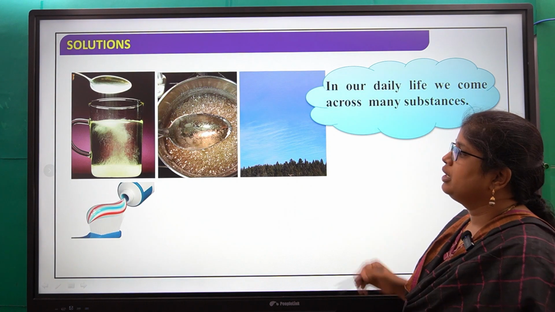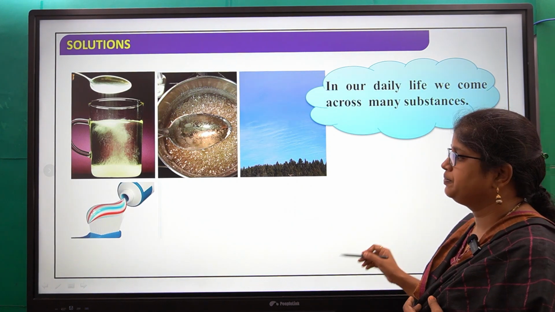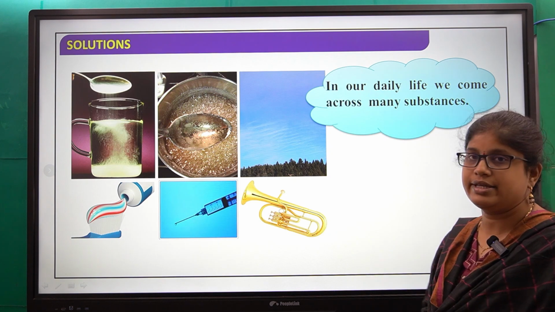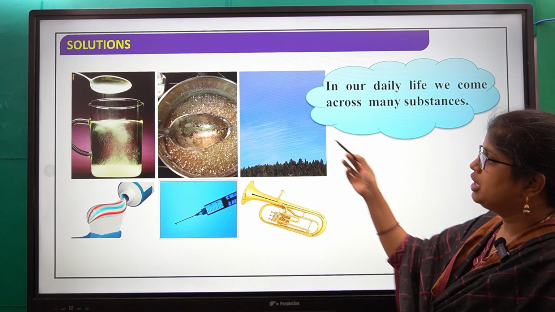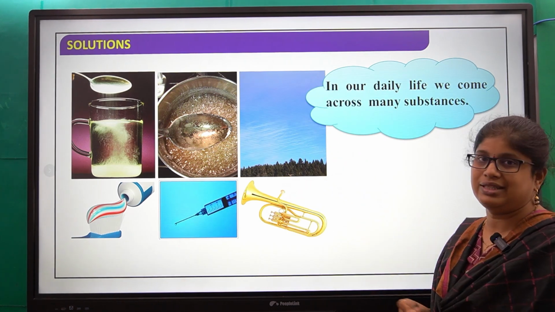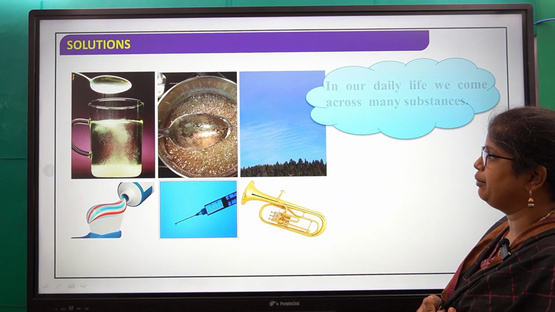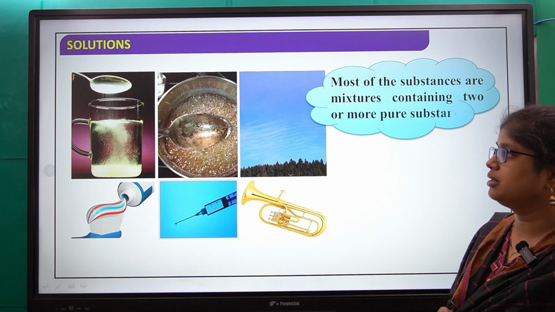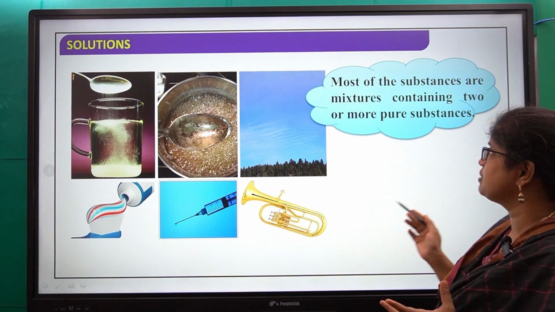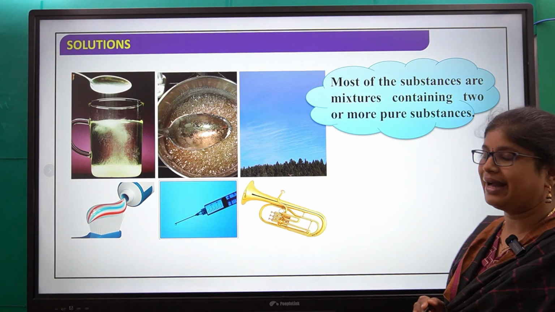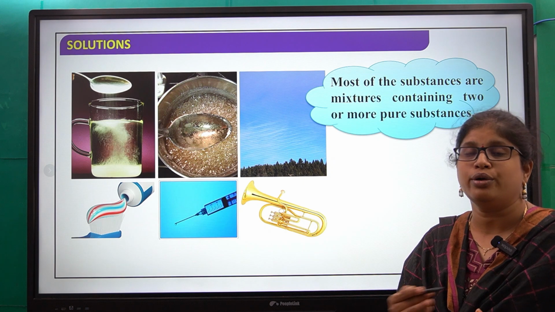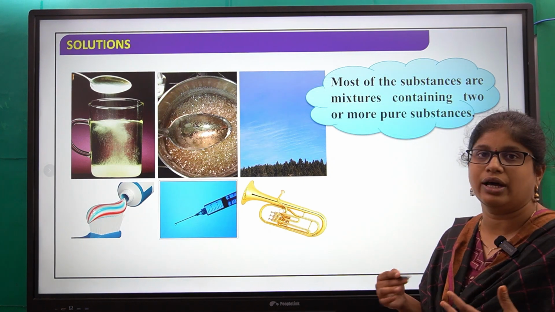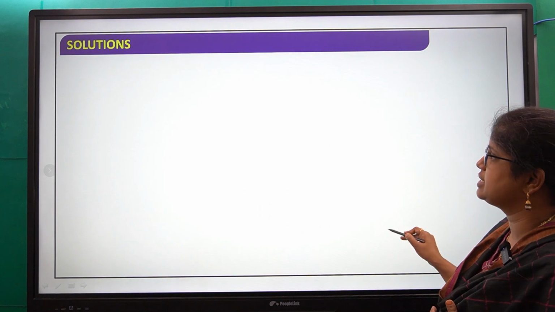Next, toothpaste and an injection syringe, and here a musical instrument. These are all different types of components. Most of these substances are mixtures containing two or more pure substances.